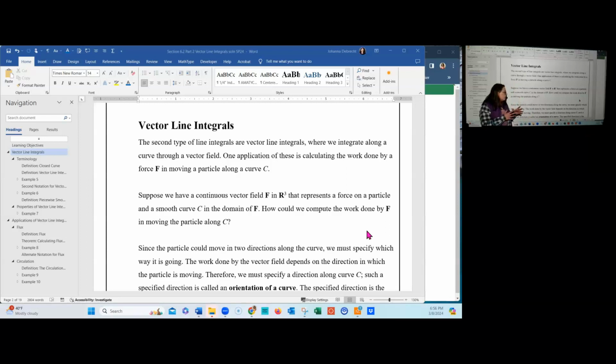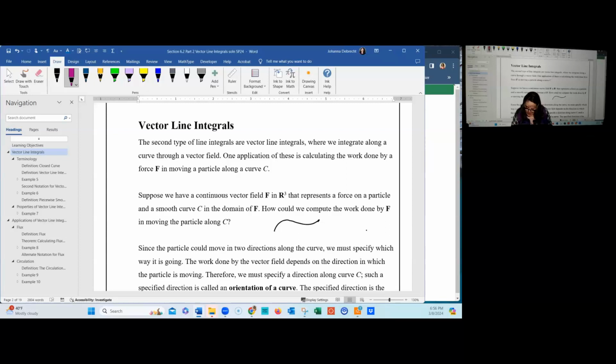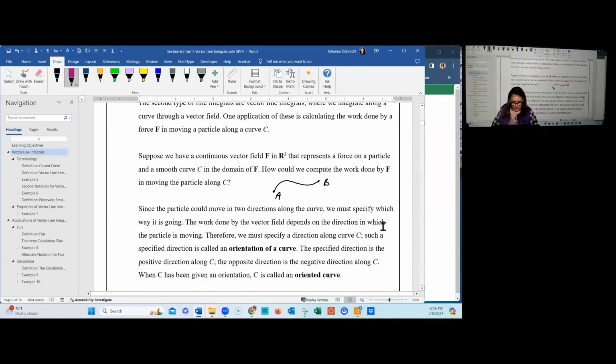Now, since the particle could move in two directions along the curve, we could have it flowing from point A to point B or from point B to point A. We'll need to specify which direction we're traveling in. The specified direction will be called the orientation of the curve. We will have standard orientations later in this chapter when we're looking at particular types of curves.